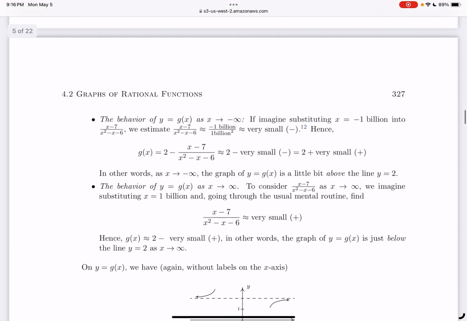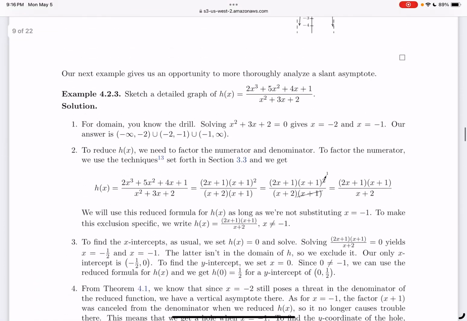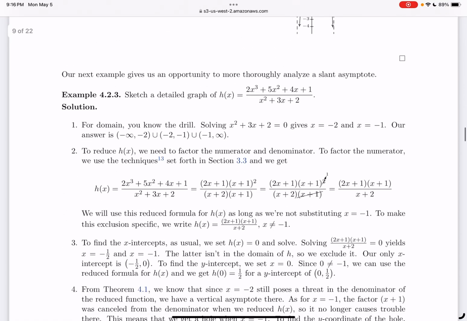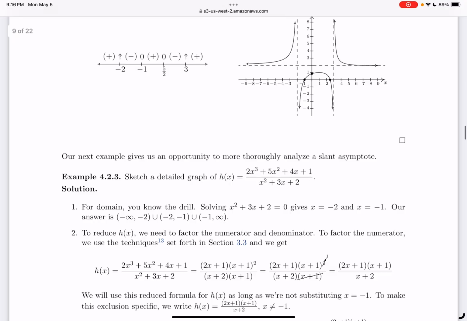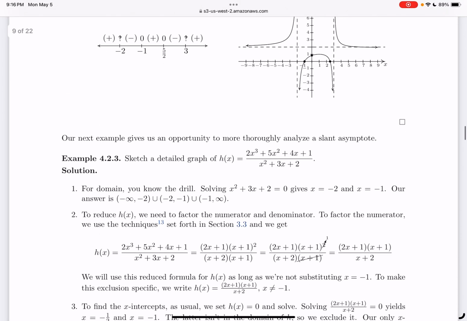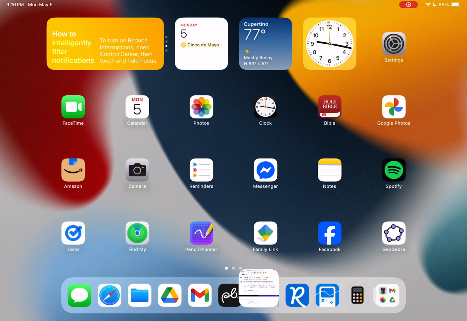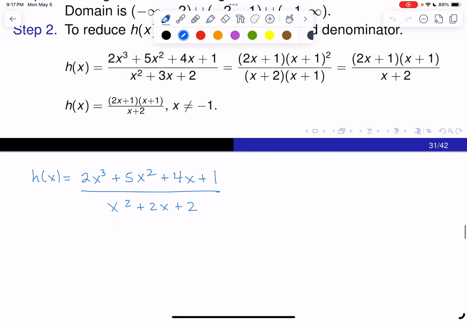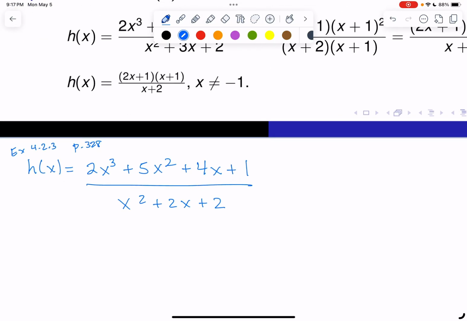So if you go back to page 328, we're looking at this problem, and I messed it up yesterday, which is good because I forgot to video this part. We're looking at example 4.2.3 on page 328.